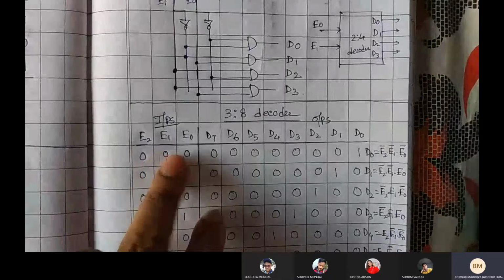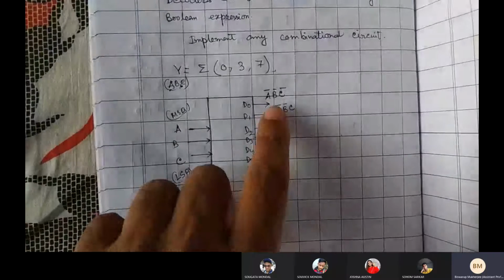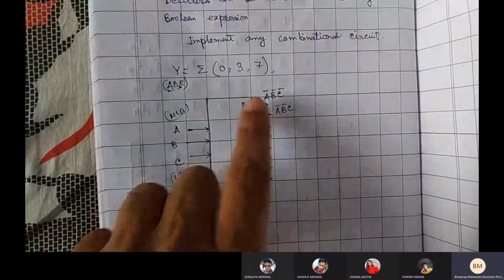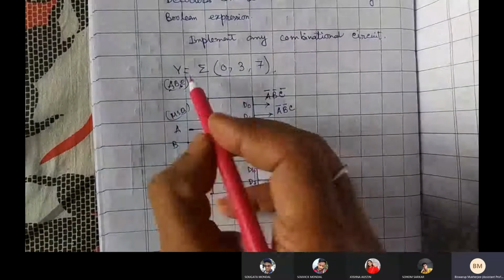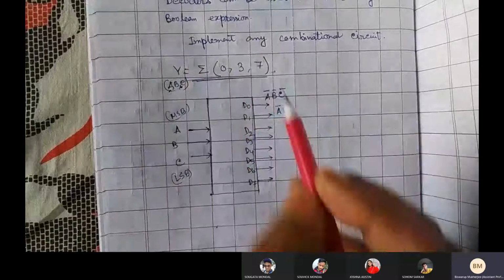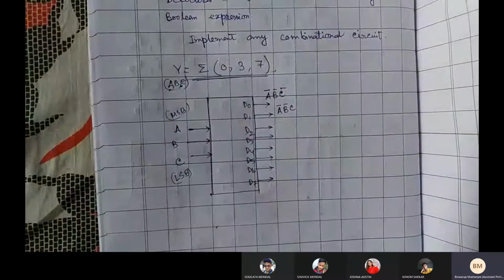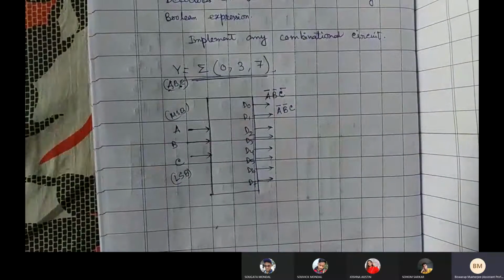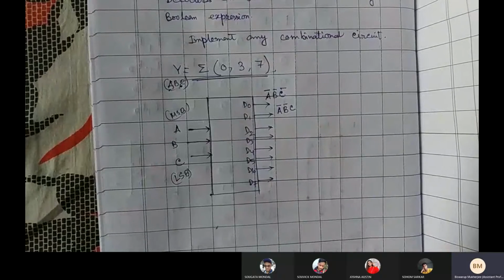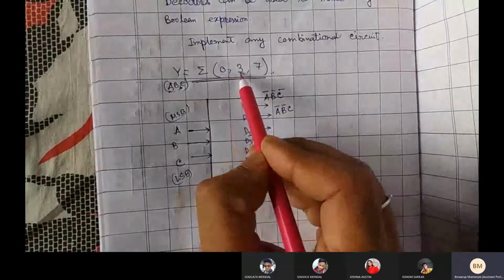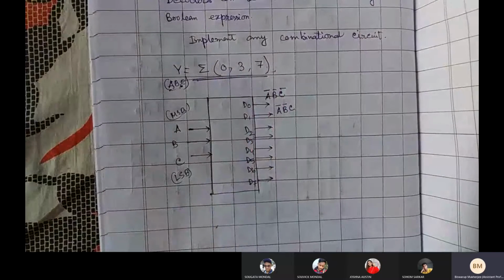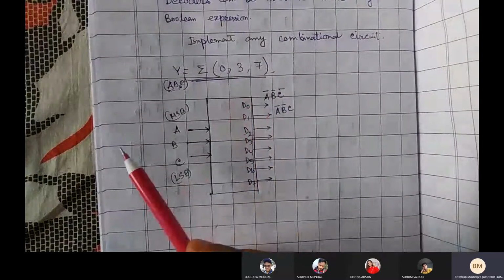So instead of E0, E1, E2, it can be ABC also. So if it is ABC, then we have A bar, B bar, C bar. This particular expression means that if you write down the truth table, for these positions the output is high.